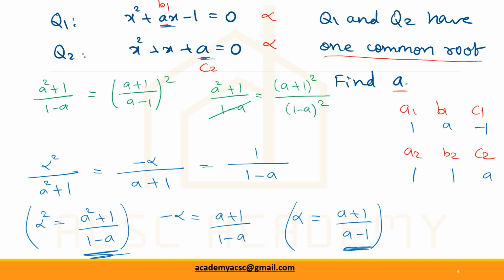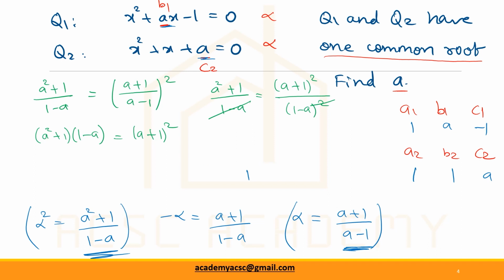So that one time it gets cancelled out. Then we'll get (a squared plus 1) (1 minus a) equal to (a plus 1) the whole squared. So now we can simplify this and find out the value of a from there.